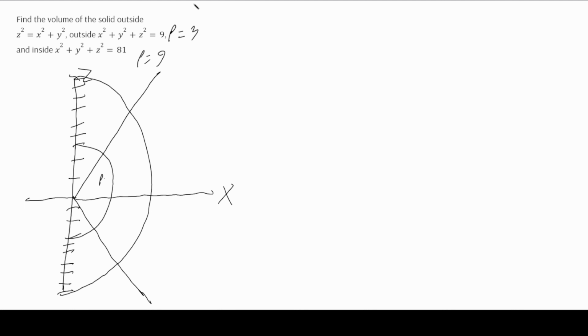This represents rho is equal to 3, and this represents rho is equal to 9. So we are essentially finding this area right here, and it's around the whole thing in a 360 manner.